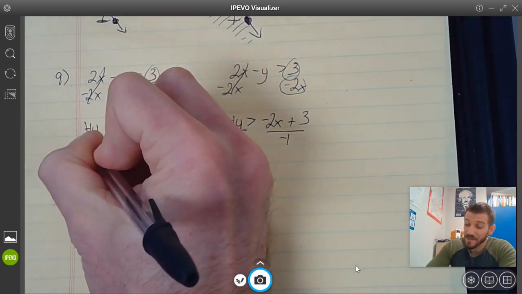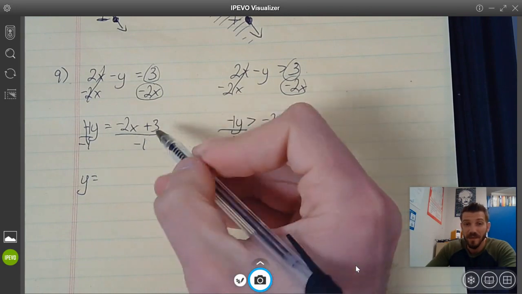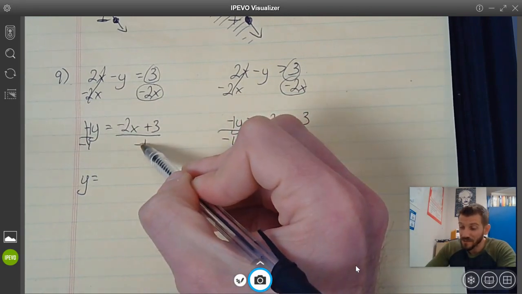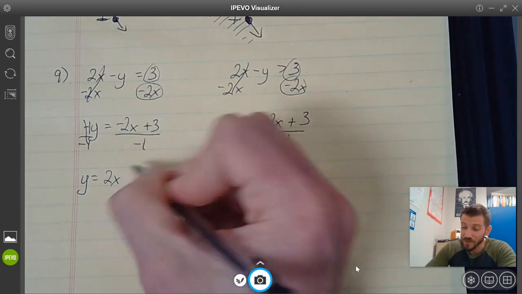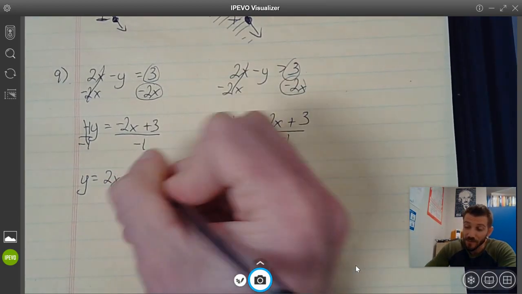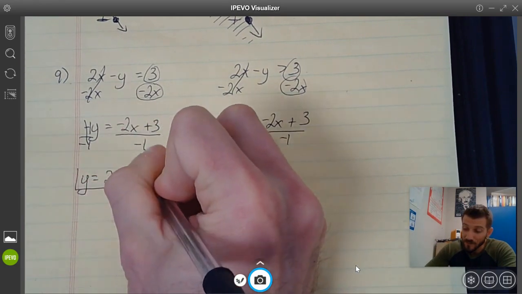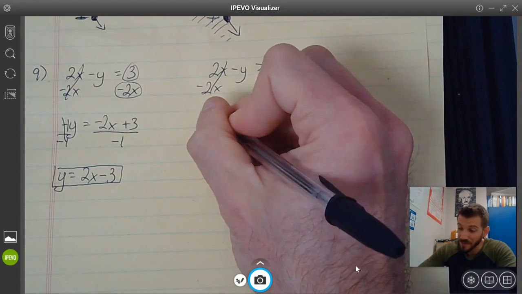So this goes away, and I have y is equal to a negative over a negative is positive. 2 over 1 is 2. There's an x with it. 3 divided by negative 1 is negative 3. Finished. This problem, negative over negative, we're good.